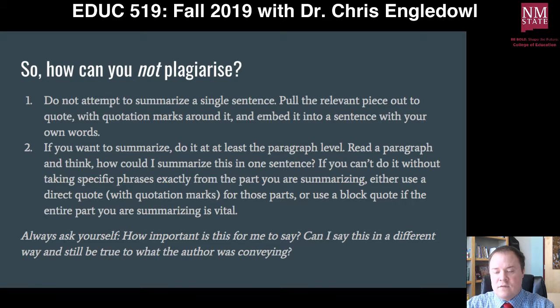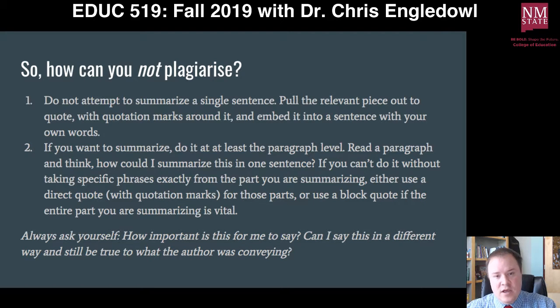So don't have the quote as a standalone sentence with the whole entire sentence with quotation marks around it. You need to introduce that quote in the beginning of the sentence and then put in the quotation marks and use that to say something and make your point. Otherwise, it's just a standalone quote and the reader is tasked with trying to figure out what that quote is supposed to be there for.